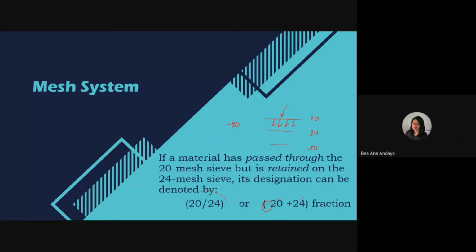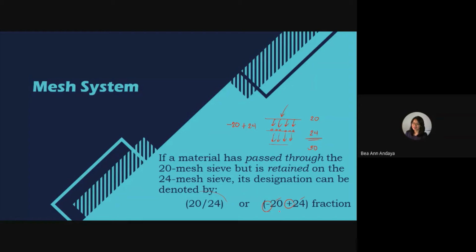And then it continues, other materials will still pass through there. However, there are materials that will be retained on top of this 24. That means when those materials are retained on top of it, they are oversize of 24. When they are oversize, they have a positive designation and you put the mesh number here.